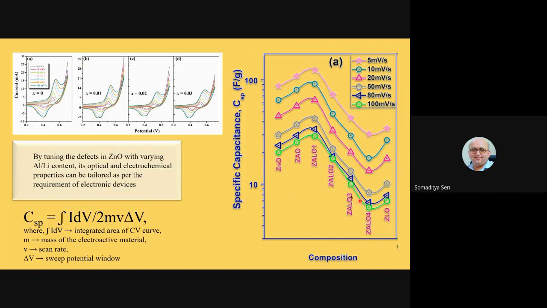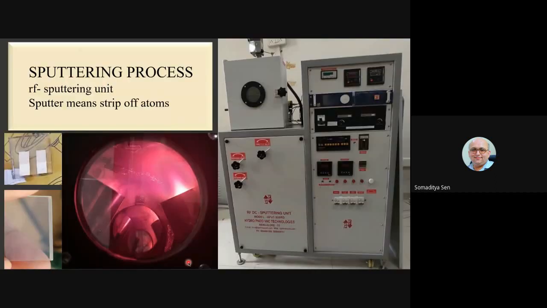And then as you go down, you get this type of degradation in the specific capacitance. So definitely the positive charge of aluminum is helping, along with the mixing of lithium. We did discuss this in our paper, and you can get it on the net.